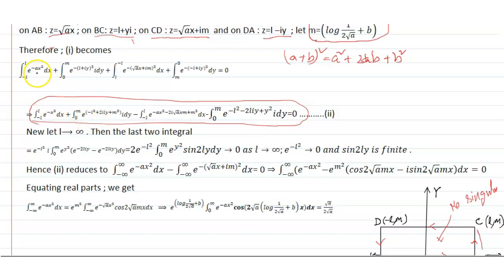Here you get the integral from minus L to L of e to the power minus ax square, integral from 0 to m of e to the power minus L square, and in here it is y square, not m square, friends.